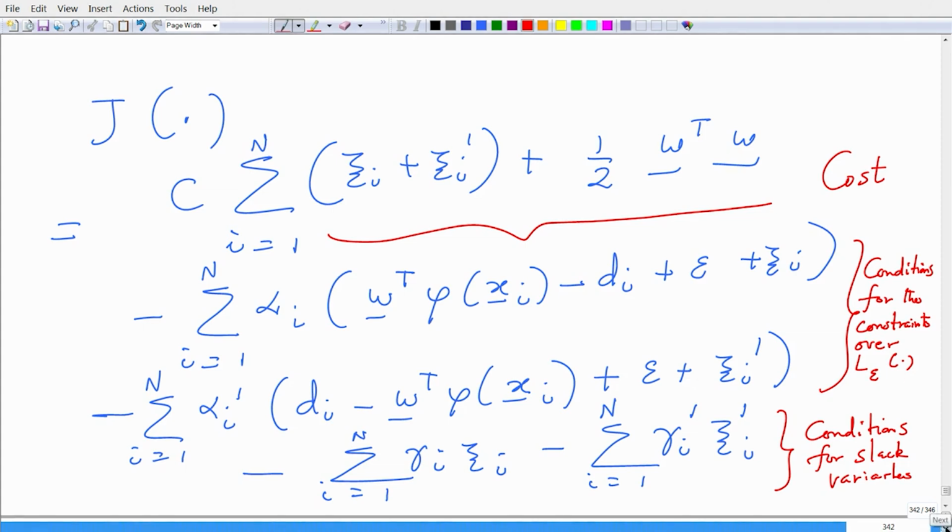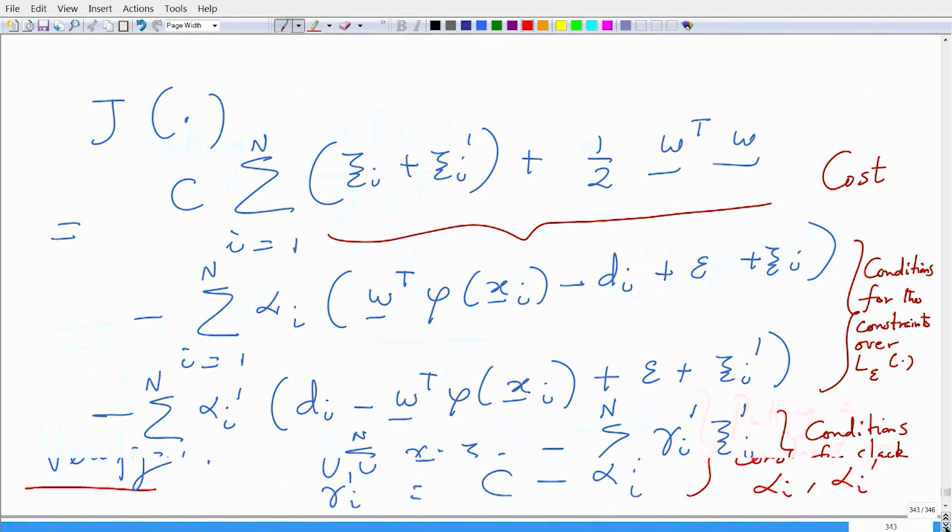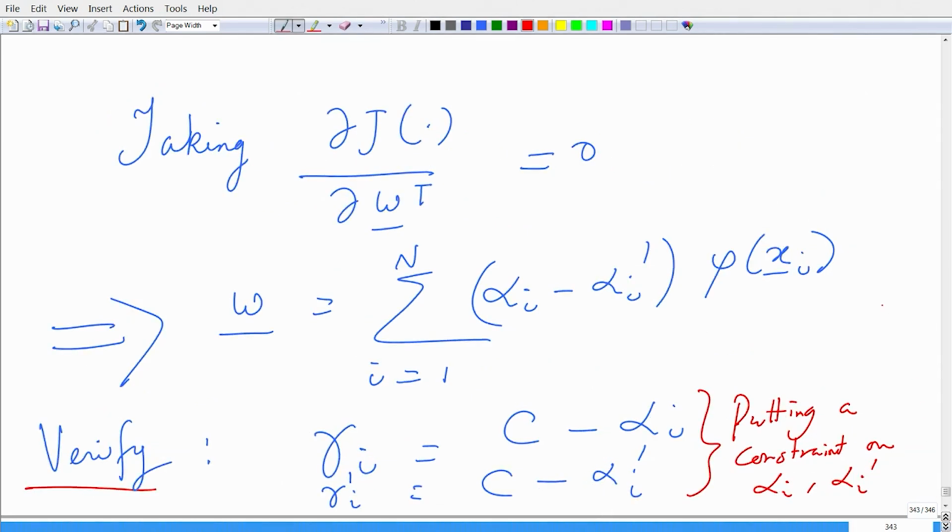Now, we need to optimize this Lagrangian over the parameters. Setting the derivative of the Lagrangian with respect to the weight vector to 0, I land up with this equation: W equals summation i equals 1 to n (alpha i minus alpha i prime) times phi of xi.